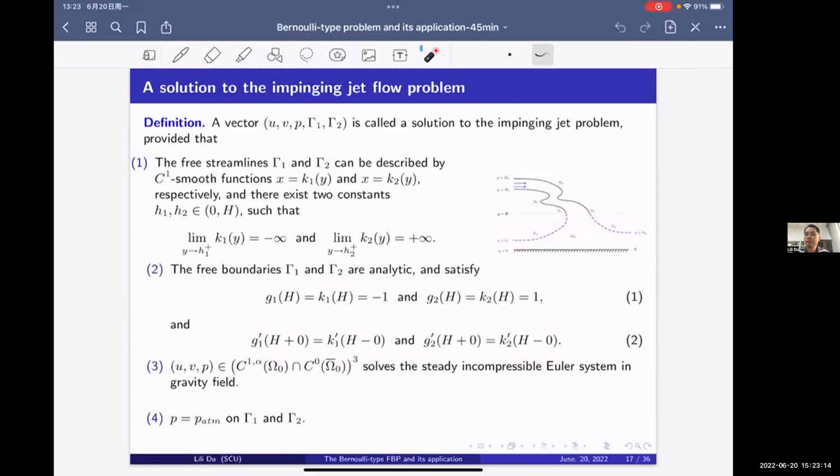The third one is that (U,V,P) is C^{2,alpha} smooth and continuous up to the boundary, which solves the steady incompressible Euler system with gravity field. The last one is that the pressure P equals the atmospheric pressure on the free boundaries.